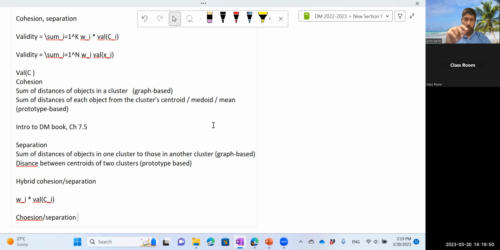So this ratio would become high if either cohesion is high or separation is low, or both. So these would typically be hybrid measures. Any questions so far?